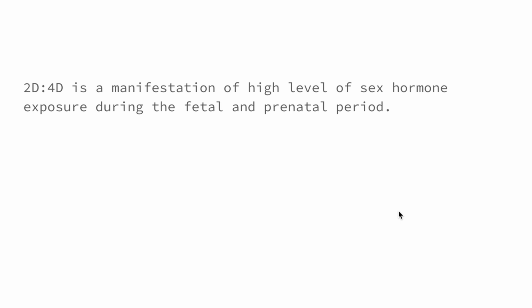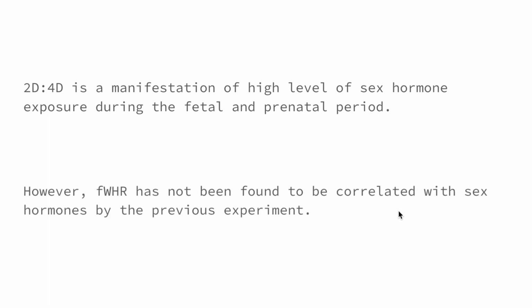You're exposed to a higher level of sex hormone during your fetal period, and you are more masculine. However, facial width to height ratio has not been found to be correlated with sex hormone exposure. Rather, it is an empirical measurement of how masculine a guy is. So the problem is resolved.